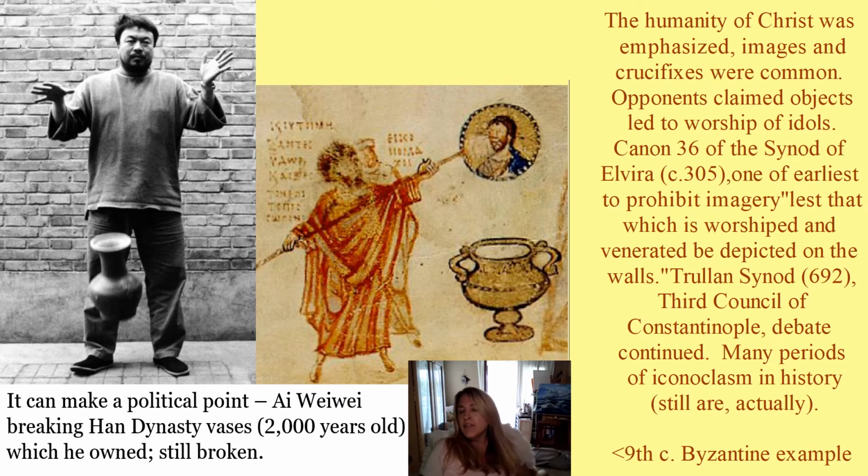So the humanity of Christ has been emphasized in these images. Crucifixes were common. Opponents claimed objects led to the worship of idolatry. Canon 36 of the Synod of Elvira was one of the earliest to prohibit imagery, lest that which is worshipped and venerated be depicted on the walls.